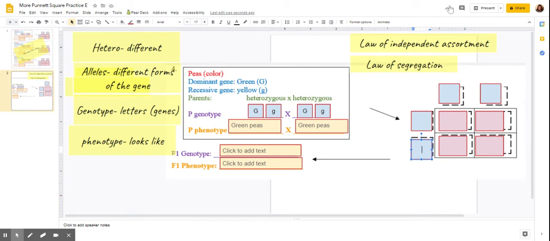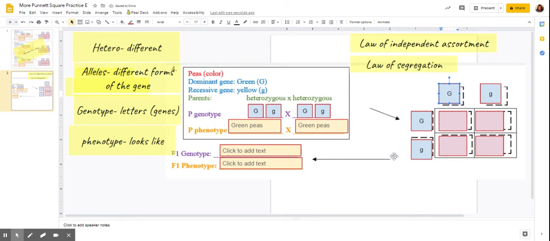If you remember, the other two laws, the law of independent assortment and the law of segregation, talk about how these gametes that are formed from the parents' genes are going to separate and independently separate during meiosis, or gamete formation. And so basically what we're going to do is we're going to take one parent and put them across the side, and another parent, we're going to put them across the top.